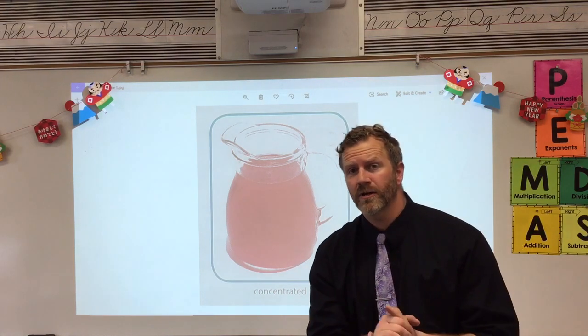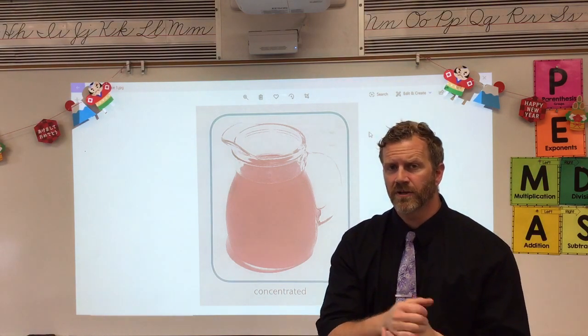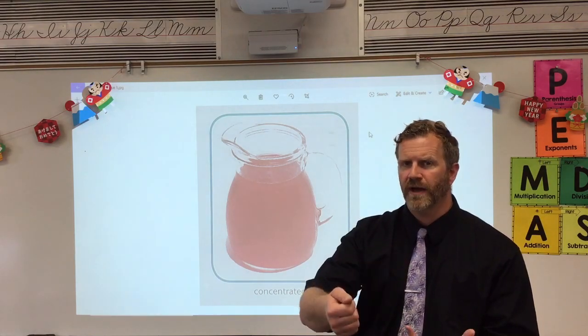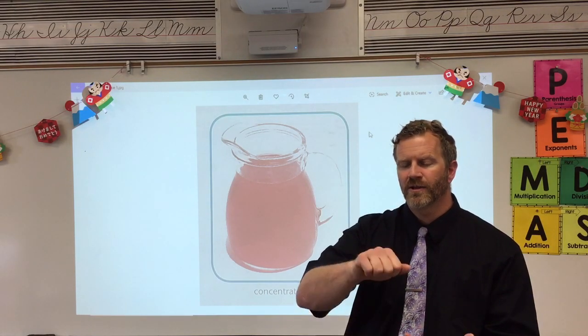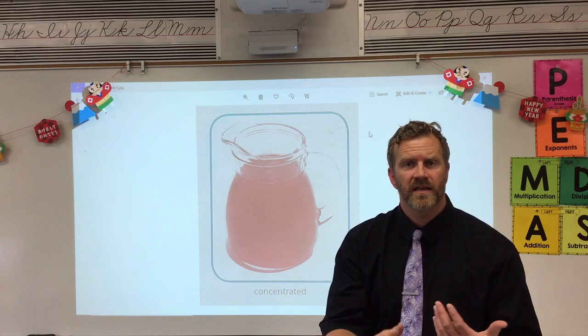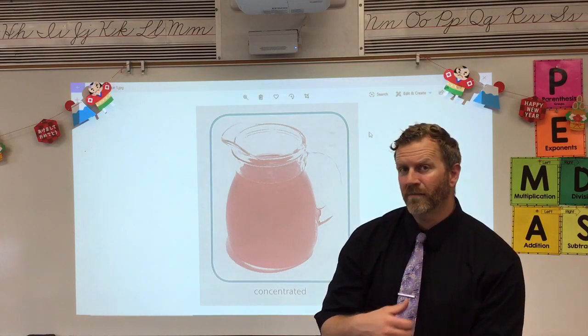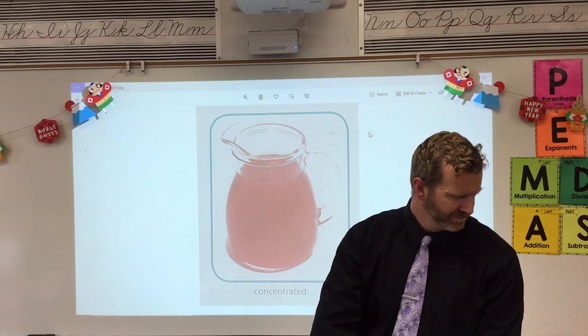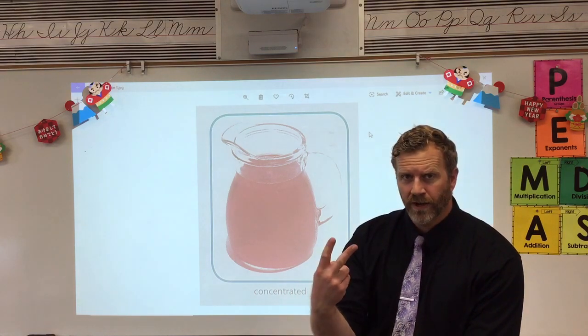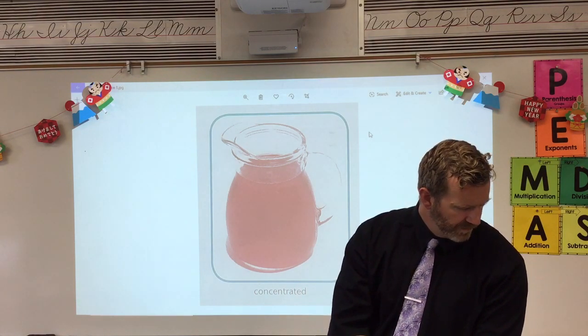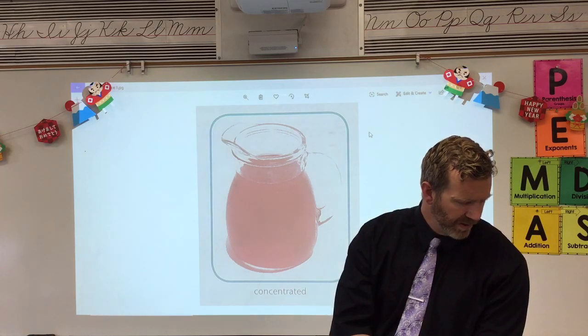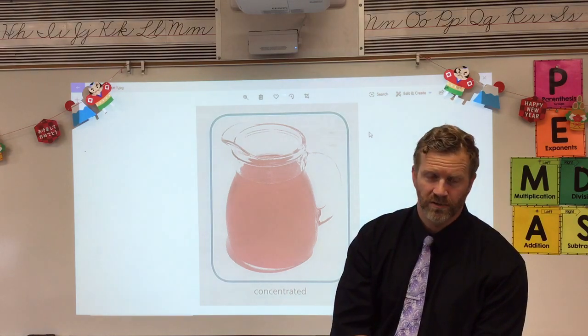So by altering the amount of the solute, or the fruit juice powder or the Gatorade, by putting in either more or less, you can adjust the taste to get it right where you want it to be. I like sweet, so I'm going to put a little extra in there, you know what I'm saying? Paragraph 2. If you put a lot of the powdered mix in the water, the solution will taste strong.